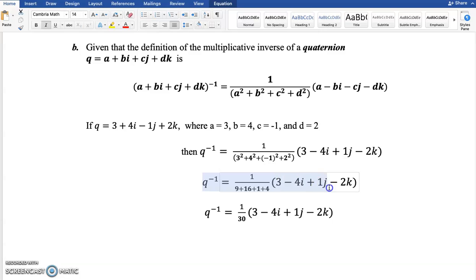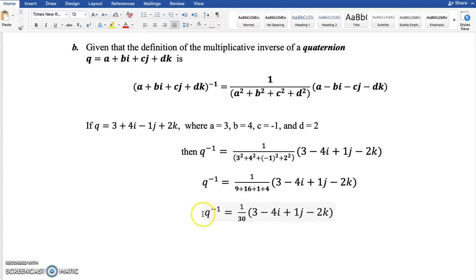Now we find the squares of the coefficients in the denominator. 3 squared is 9, plus 4 squared 16, plus negative 1 squared is 1, plus 2 squared is 4. So we have 1 over 9 plus 16 plus 1 plus 4, all of that times the conjugate, which is 3 minus 4i plus 1j minus 2k.